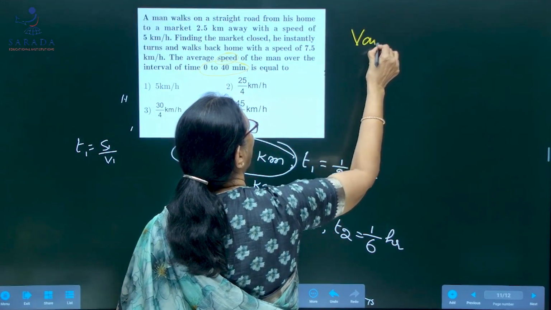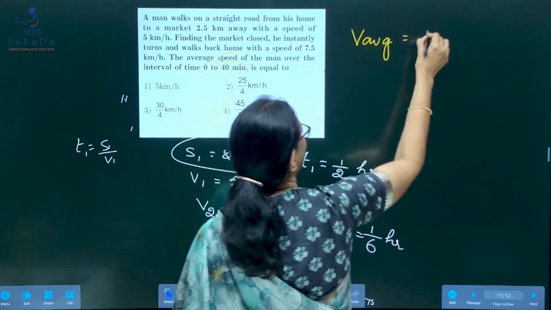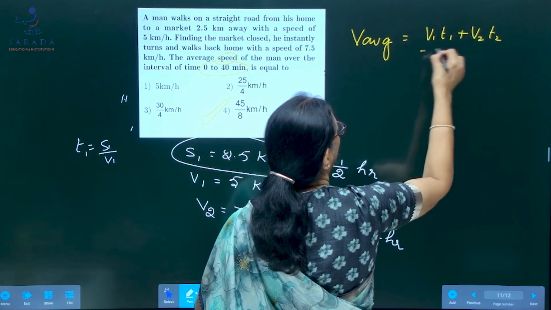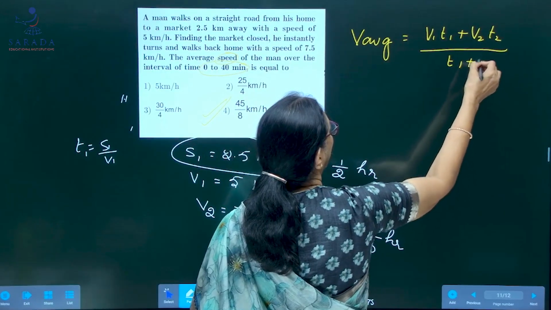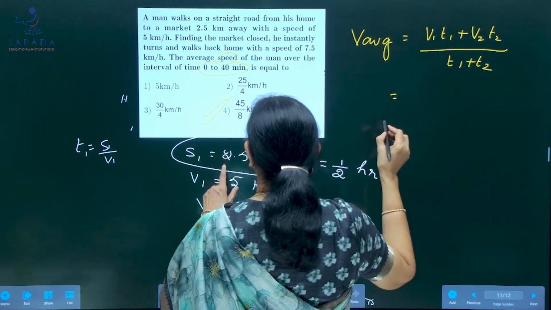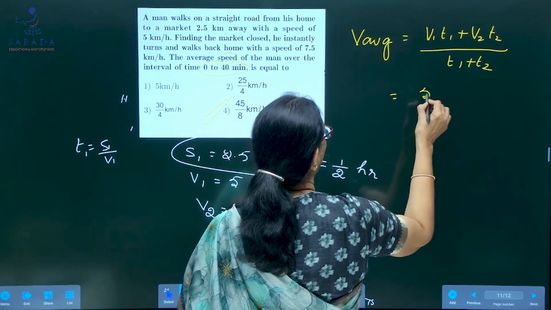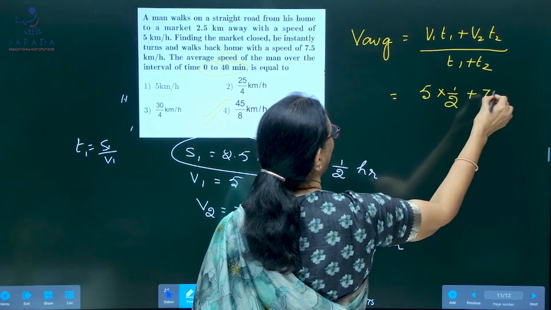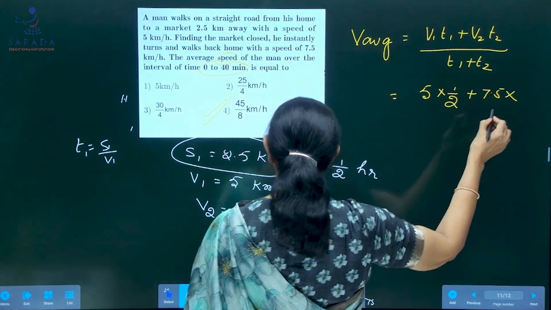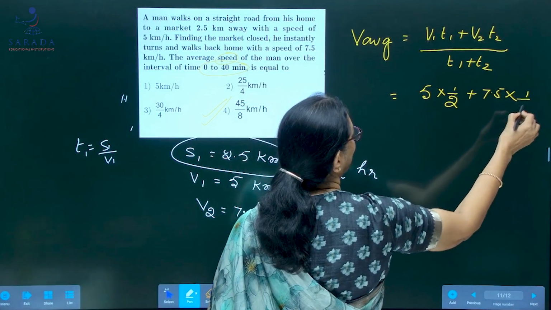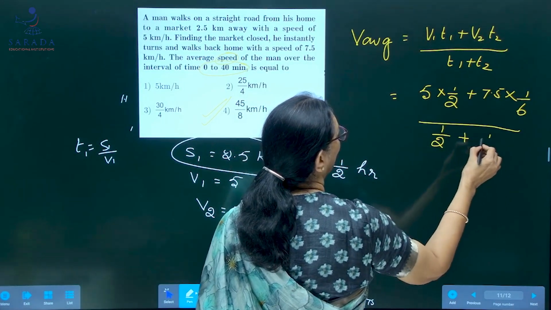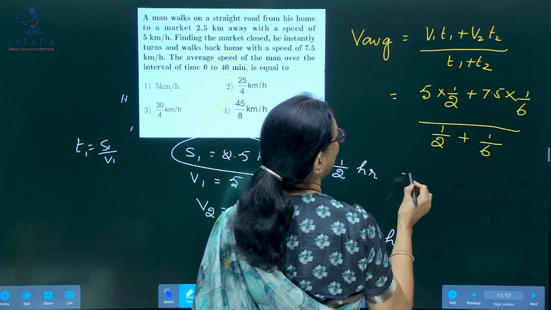Average speed is total distance, V1 T1 plus V2 T2, by total time T1 plus T2. So here V1 is 5, T1 is half. V2 is 7.5, T2 is 1 by 6, divided by T1 is 1 by 2 plus T2 is 1 by 6.